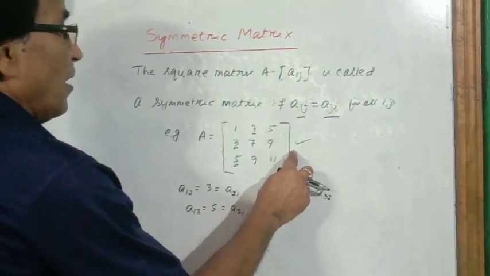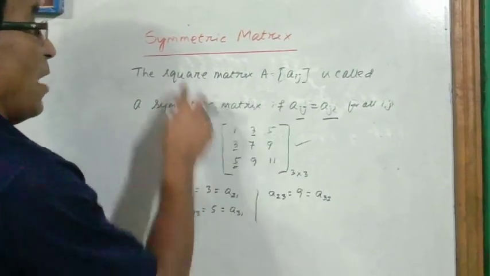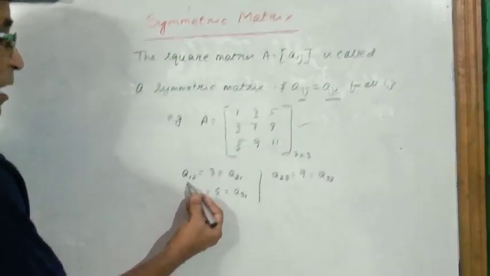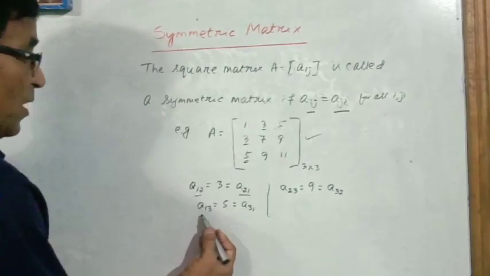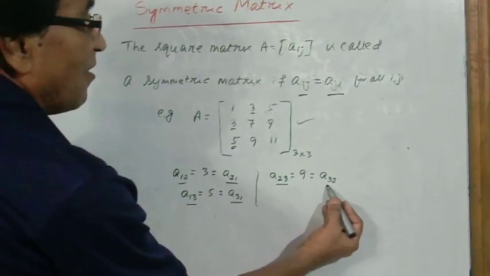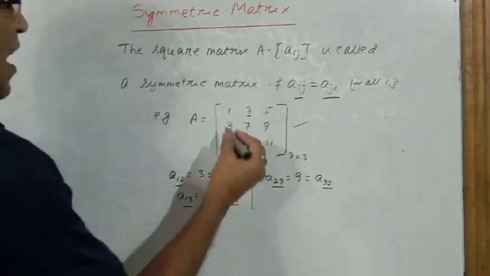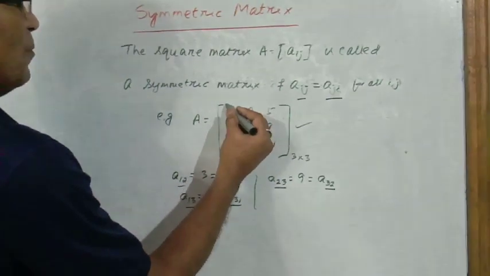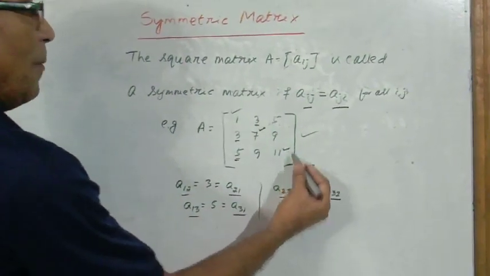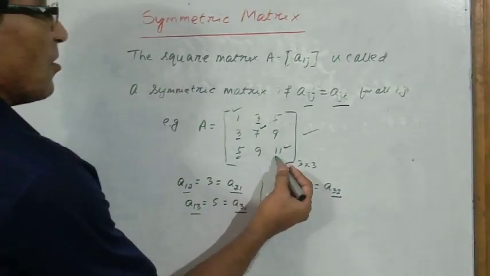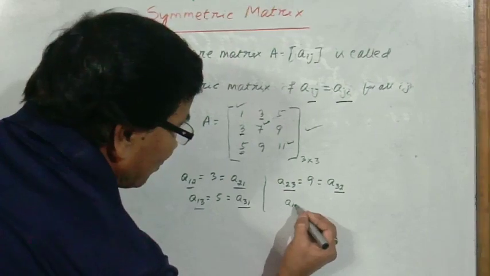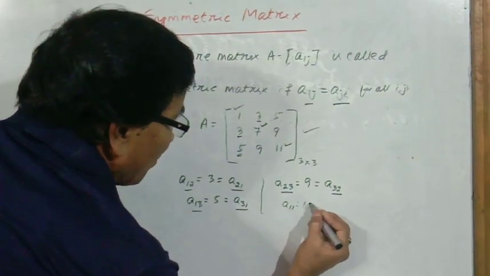Now, we can say that this is a symmetric matrix, since it satisfies the condition that A12 is equal to A21, A13 is equal to A31, A23 is equal to A32. And A11 is 1, A22 is 7, A33 is 11. So here A11 is equal to 1.